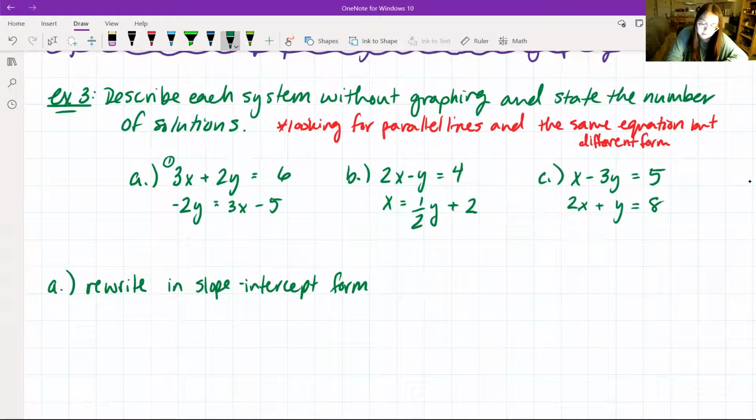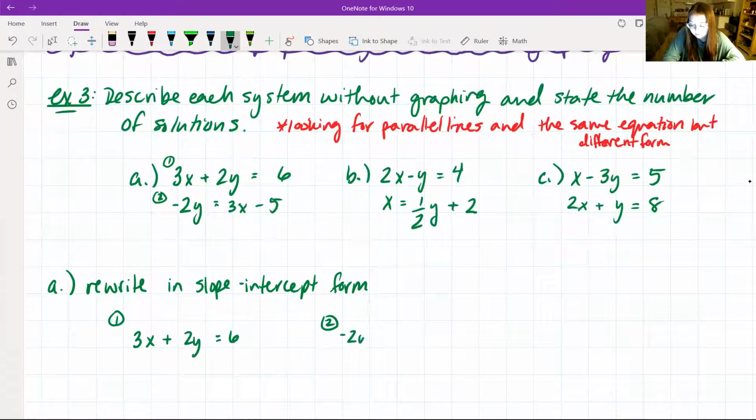We know equation 1 and equation 2, and we write them side by side so we can solve them. Equation 1 is 3x plus 2y is equal to 6, and equation 2 is negative 2y is equal to 3x minus 5. We're solving for y in this case.